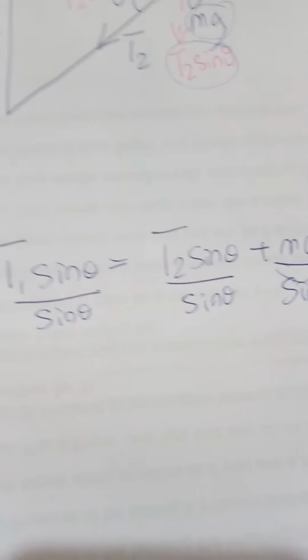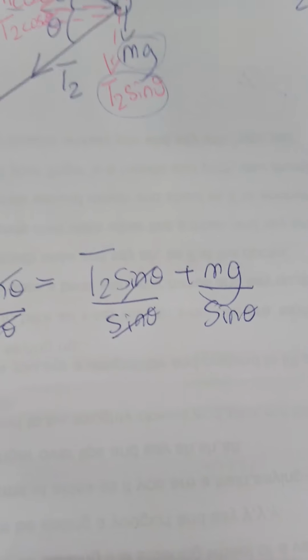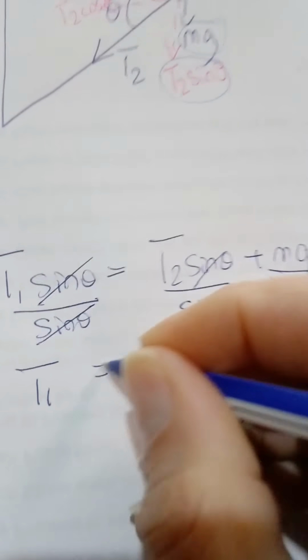That is for the first equation. I will divide everything by sine theta. And we'll see that sine theta cancels here and also here. Left hand side becomes only T1.